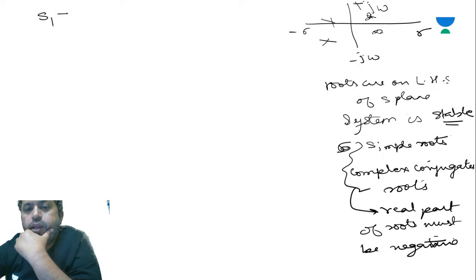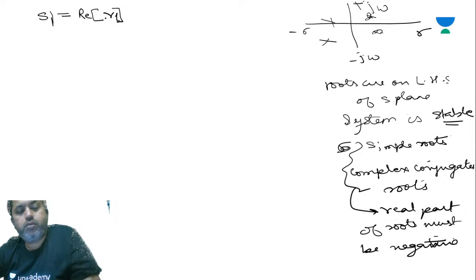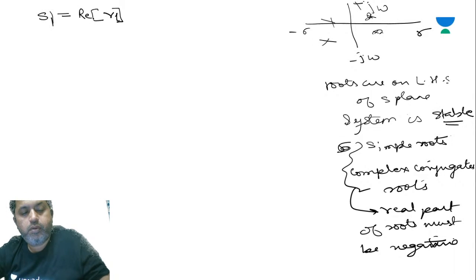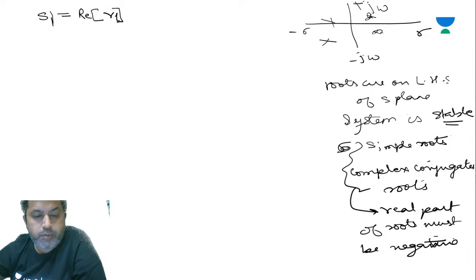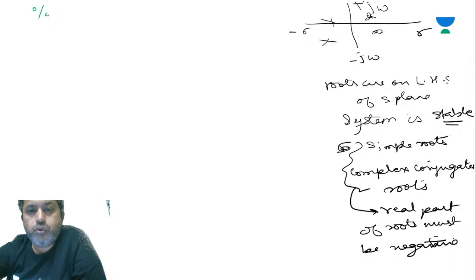So I will say S1 is equal to real part of R. R is equal to roots of denominator, so R will have three entries: entry 1, entry 2, entry 3.